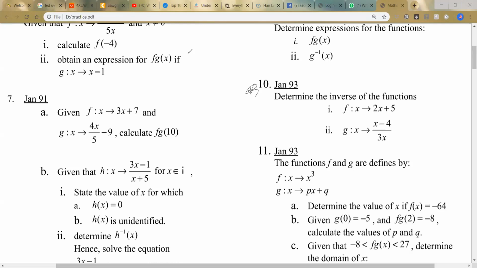So I get the answer for number 1. The answer for number 1 is... Anything correct there for number 1?